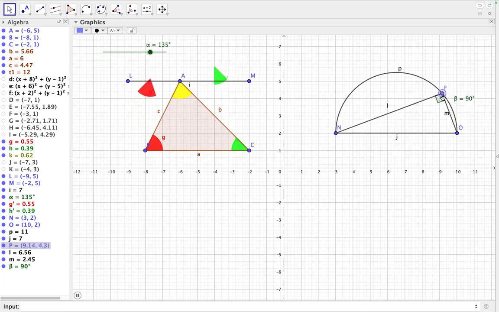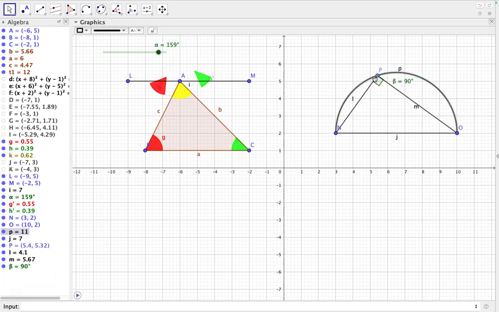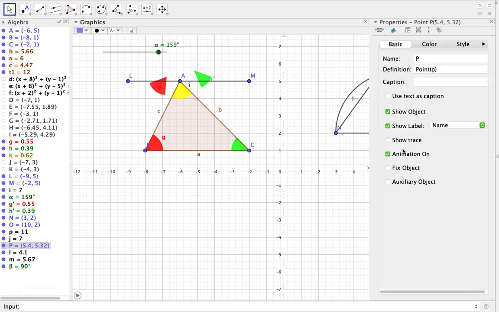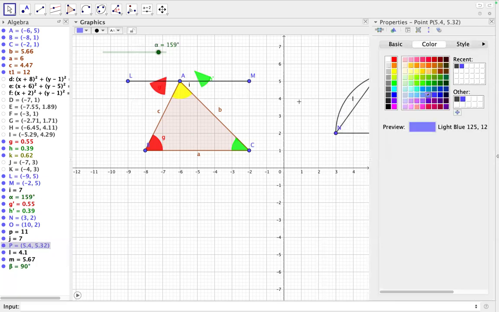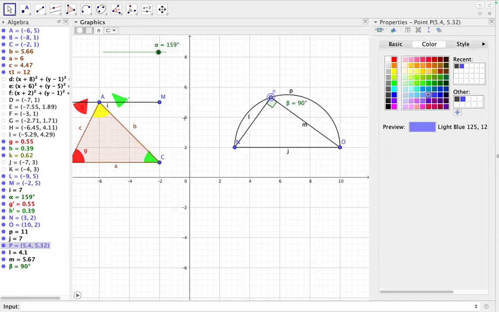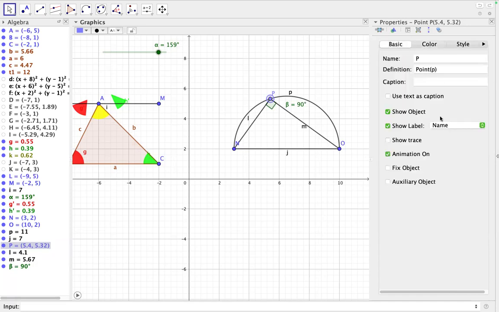Let's pause the animation. I'm going to go to object properties just to make the animation a lot better. Style, color. I think I have to select the point. So this is the point. Basic.